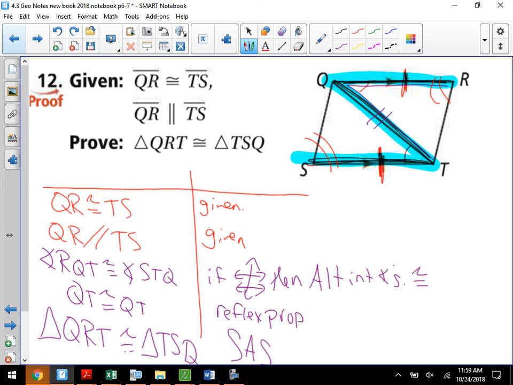Somewhere in the week of the 5th, right around parent teacher conferences, we'll be finishing up chapter 4. Does that sound about right? Whatever it is. So we're almost done with the proofs, and after that, guess how many proofs we have to worry about? 0. Until you get to algebra 2. Well, it depends if you have to do trigonometric proof or not. If you have to do trigonometric proof, then you have to do it.